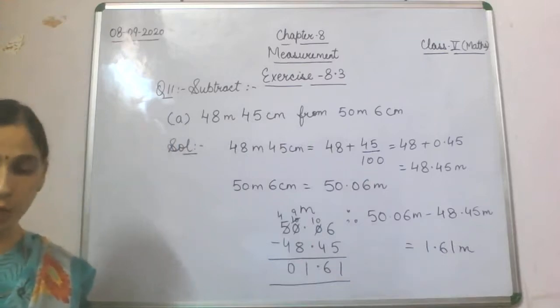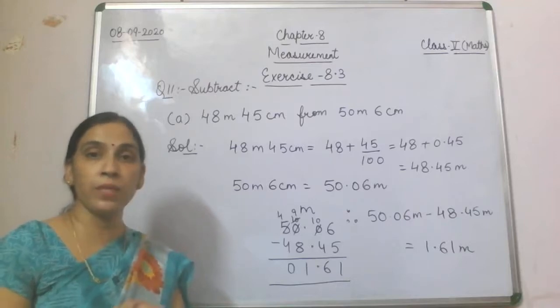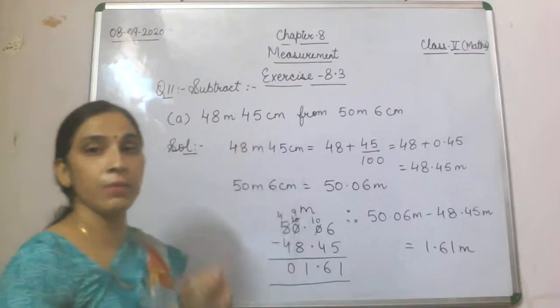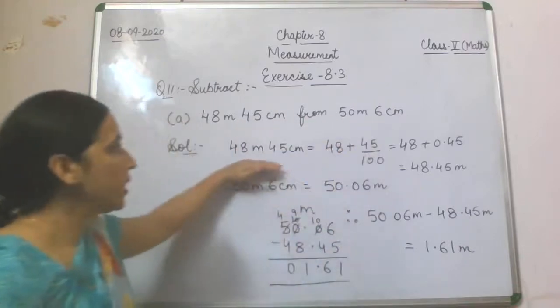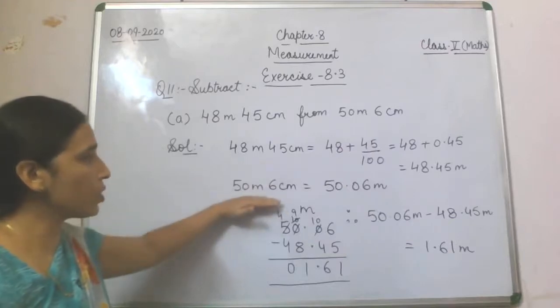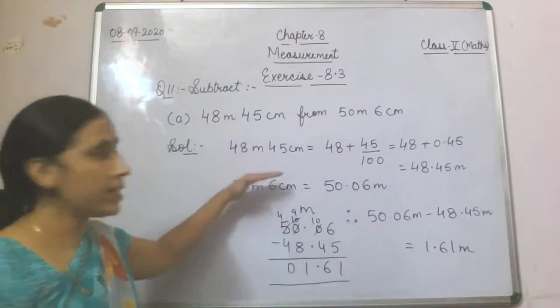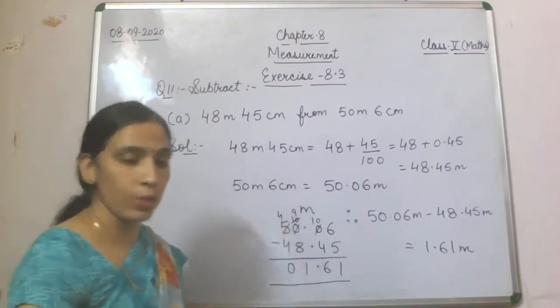Let's see this question once again. In this question you have been given two lengths, 48 meter 45 centimeter, to subtract from 50 meter and 6 centimeter. Here I have shown the conversion, but you don't need to show it. You can write the length in this kind of column and then do the subtraction.